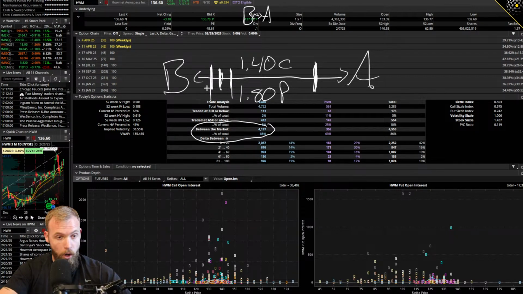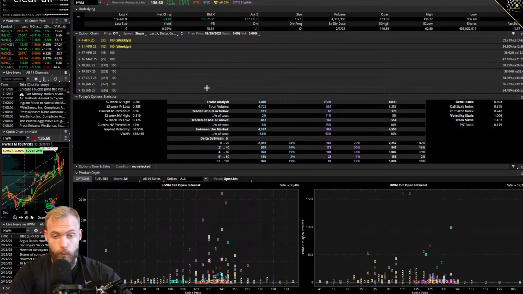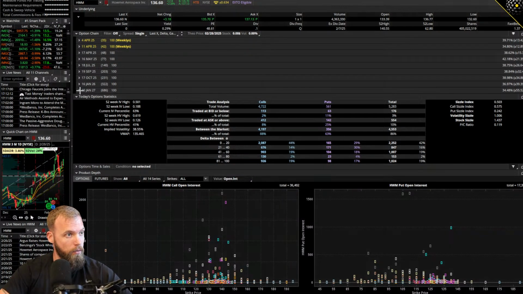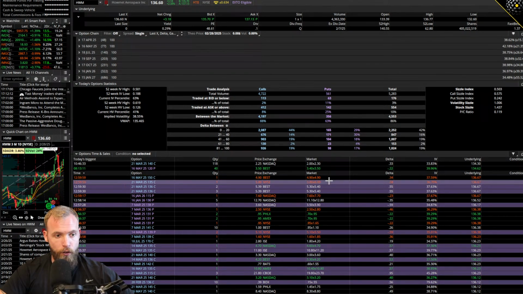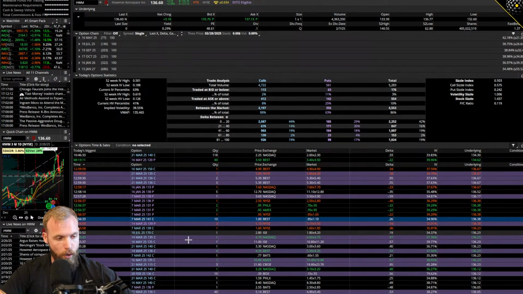So the cool part about Barchart and Unusual Whales is you can see all that in one spot. You can also see it in Thinkorswim though. You can go to TNS, time and sales, and take a look at what the market was offered at during the time that the trade ran through. And we can find instances like this right here, this is a great example.